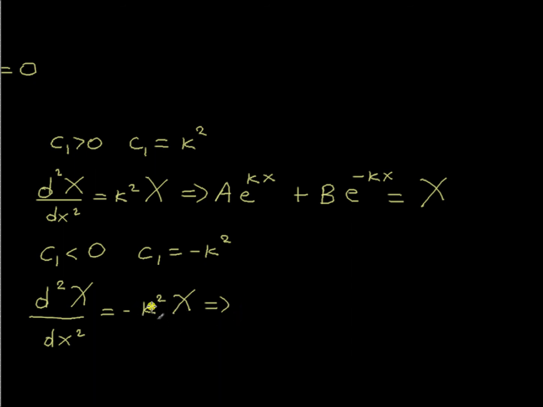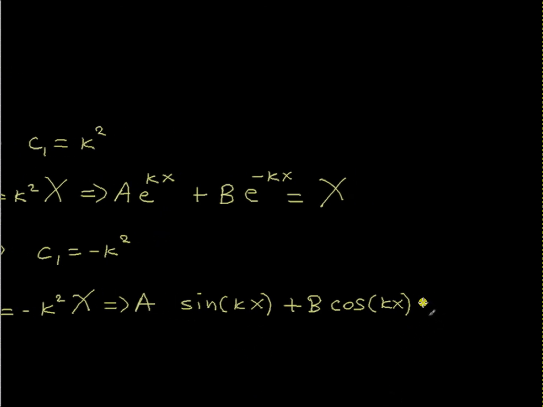This is telling me that the solution to this differential equation will need to be of the form sine kx. And of course, the same thing is true with cosine kx; the second derivative does give you minus cosine kx. So the general solution to this differential equation is a times sine kx plus b times cosine kx, and this is the function that I'm looking for.